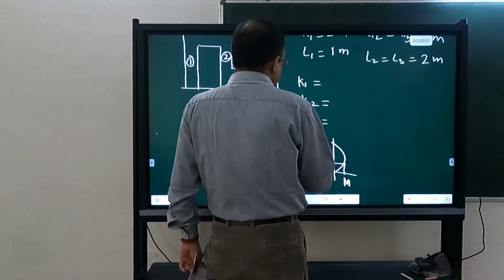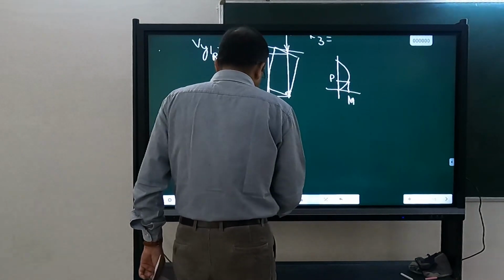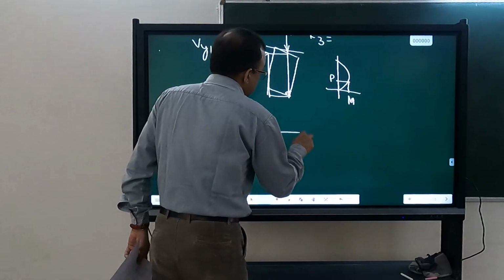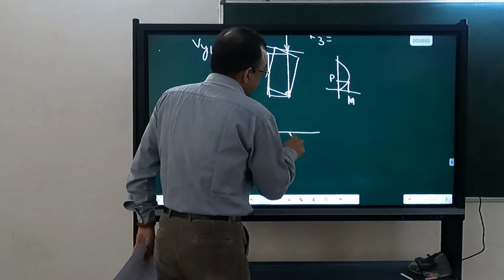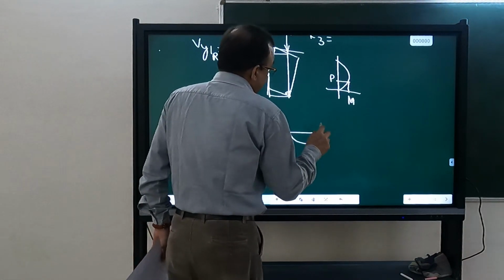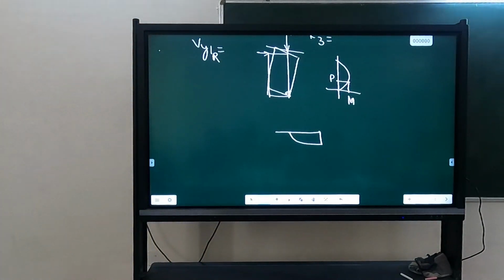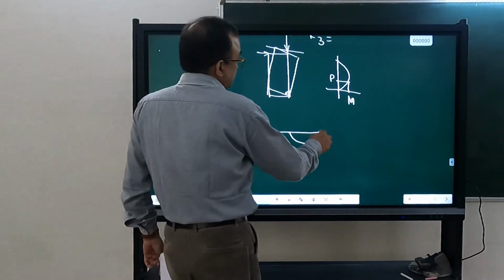The stress strain curve at any section. This is the stress strain curve. The stress strain curve of masonry and concrete we assume to be similar. This strength is given.